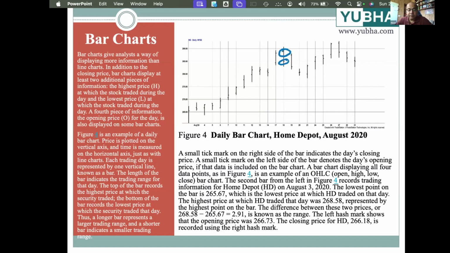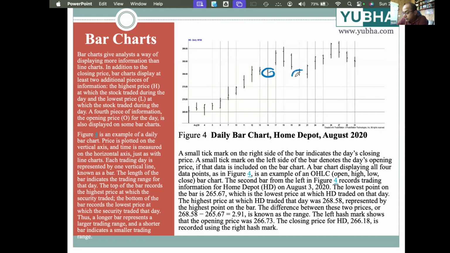Over here the open and close were further apart from each other. The open was much higher, and the close was much lower. Even over here the open and close were at very different places. But over here, if you look at this one, the range was low, and the open and close were also very close to each other.